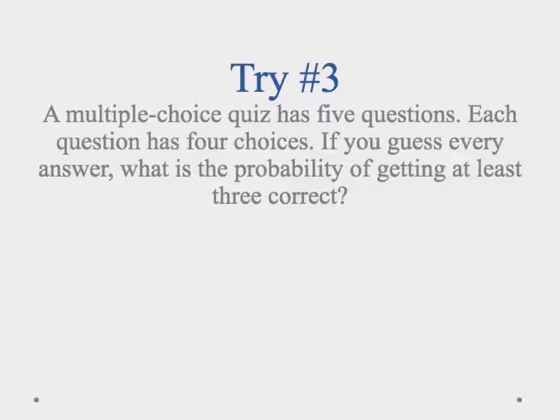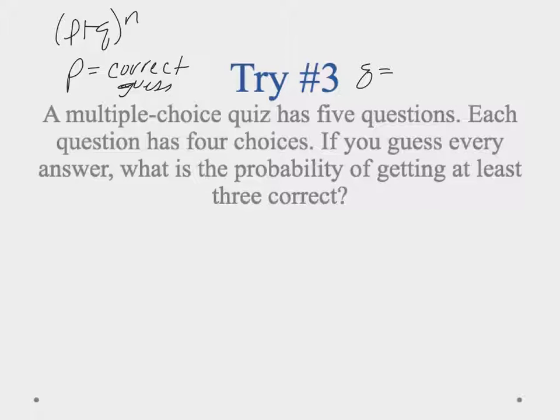It says a multiple choice quiz has 5 questions. Each question has 4 choices. If you guess every answer, what is the probability of getting at least 3 correct? So in this case, we still have (p + q) to the nth. But in this case, P is getting a correct guess. So there's nothing confusing here.